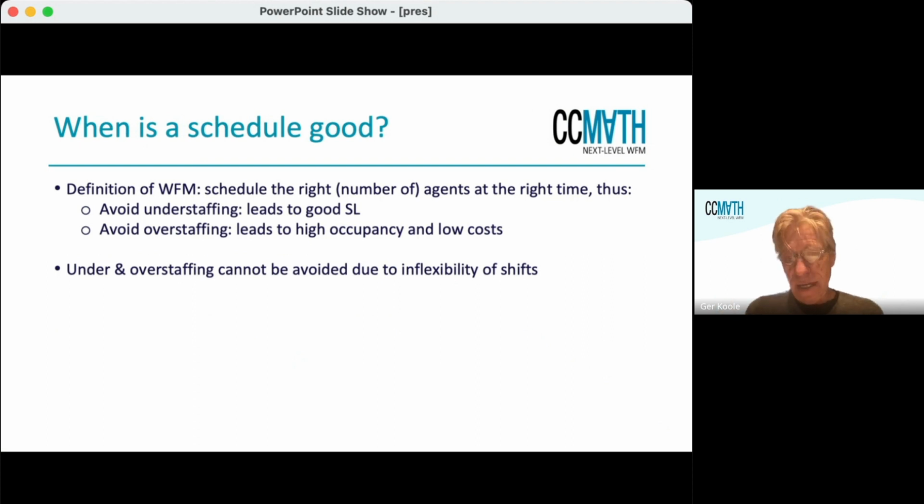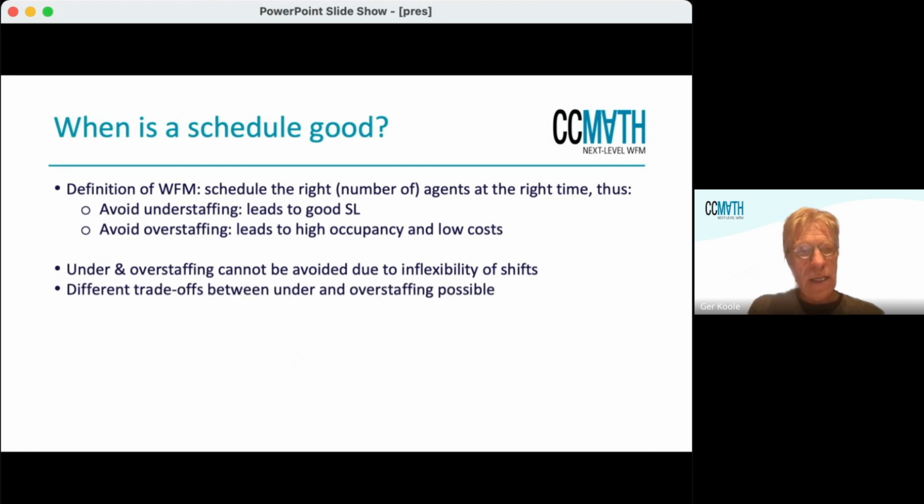They are inflexible, so you cannot fully follow your required staffing levels due to the inflexibility of shifts. And so under and overstaffing are not completely avoidable. So you have to make a trade-off between the under and overstaffing. Do I add more agents to avoid the understaffing, but at the cost of more overstaffing, or vice versa?